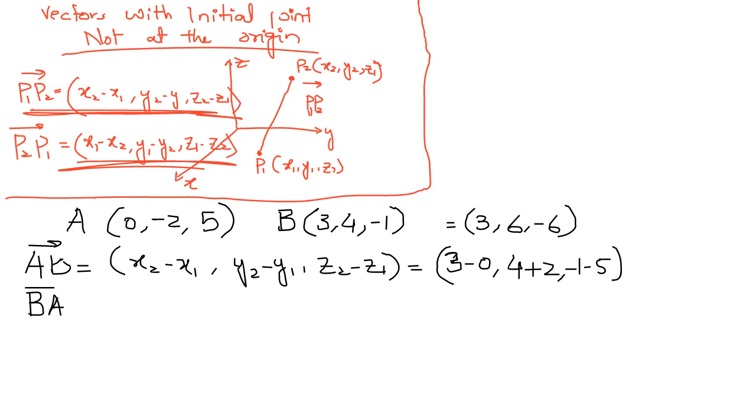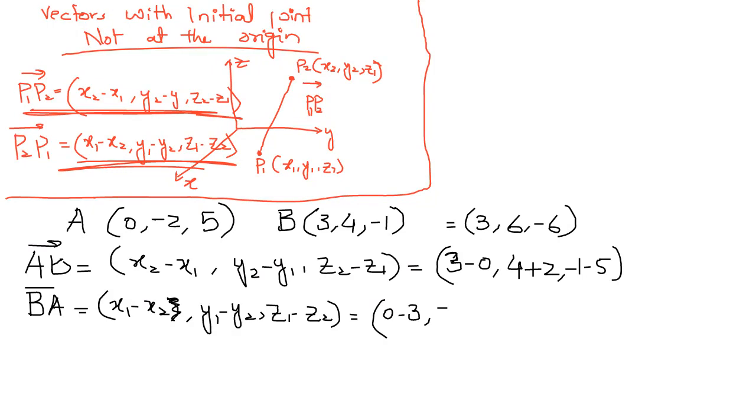Now similarly for BA, you have to use this formula: x1 minus x2, y1 minus y2, z1 minus z2. So this is equal to 0 minus 3, -2 minus 4, and 5 minus -1, which is equal to -3, -6, and 6.